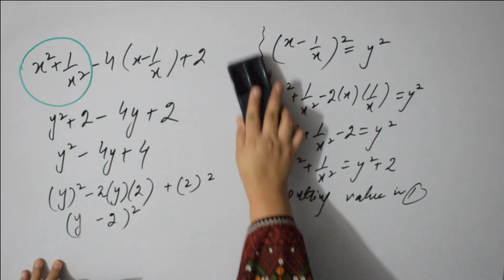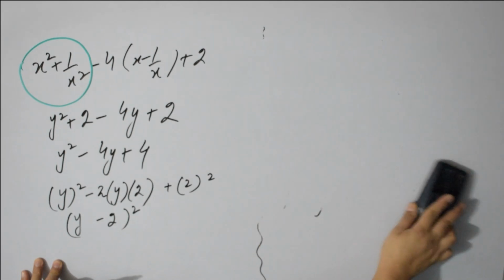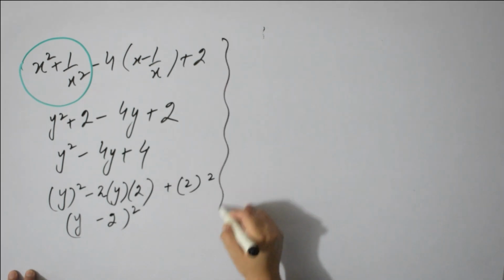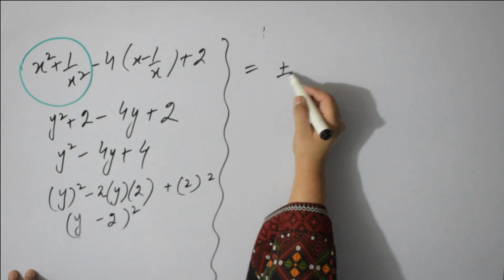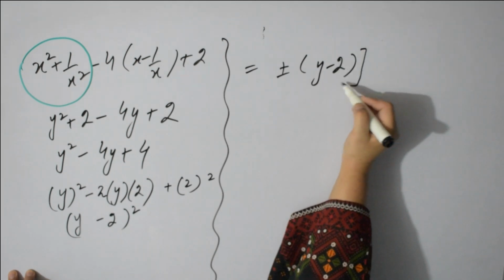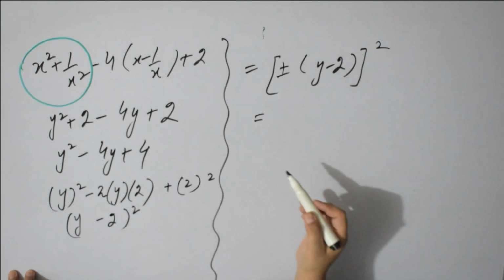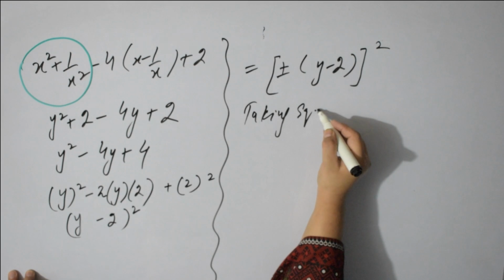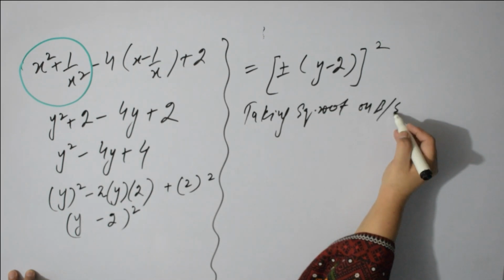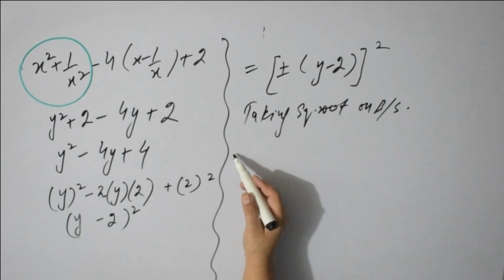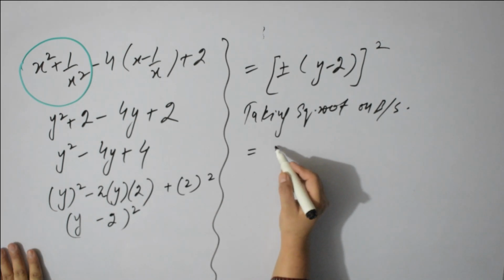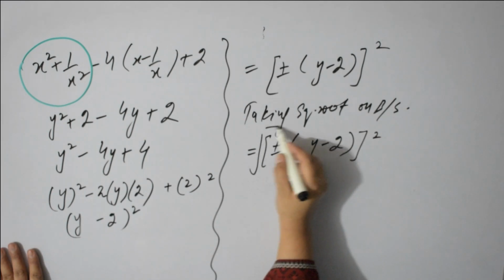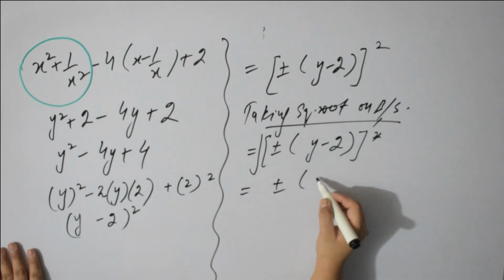Next step, obviously you know very well that you will write this square and plus minus sign. So it will be equal to plus minus y minus 2 within square, and taking square root on both sides, the square root and the square cancel with each other, plus minus y minus 2.